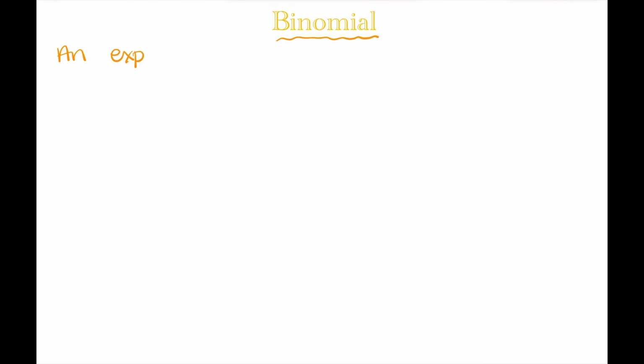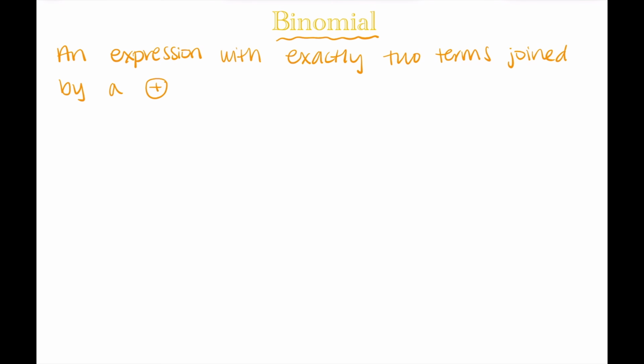Now that we've gone over what a monomial is, we'll go up one more step to a binomial. So a binomial is an expression with exactly two terms joined by either addition or subtraction. So what would this look like? Let's go through some examples of a binomial.